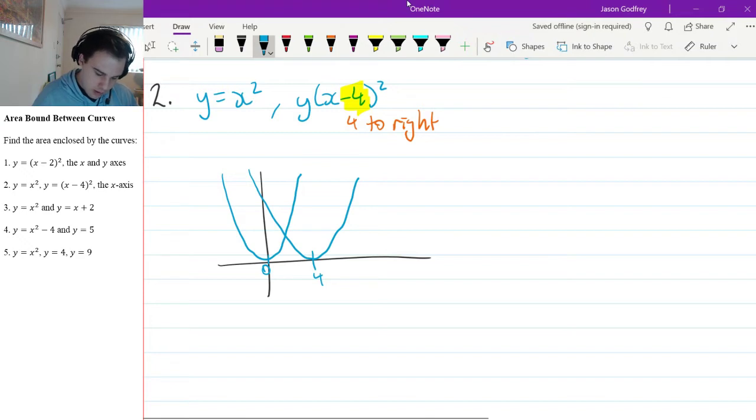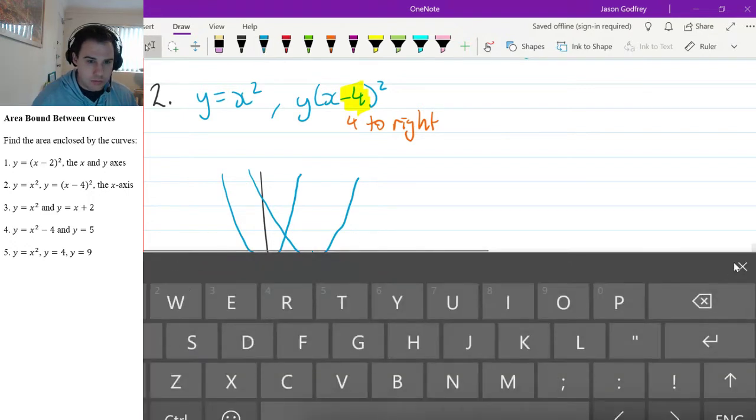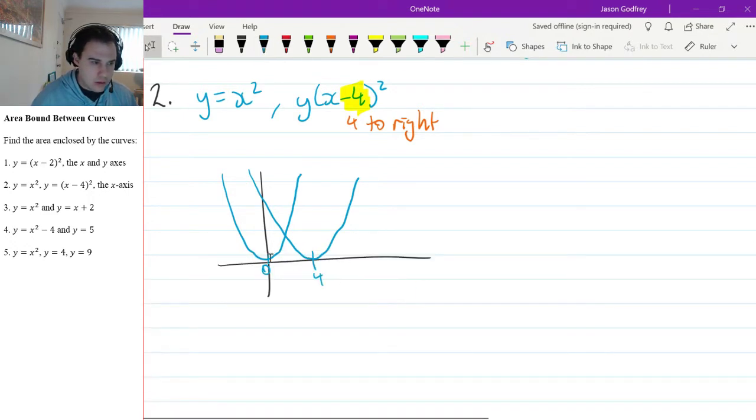So the area enclosed or bound between these two curves and the x-axis down the bottom here is going to be this portion in here. Now, if we knew what this point was here, I'll just label which is which.